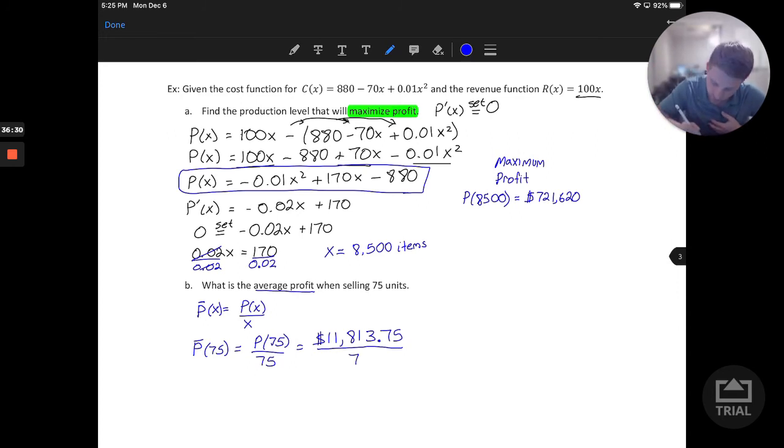So that would be 75 units there. We can take that division with the total profit divided by 75, and we'll get, really this is an approximate solution. Doesn't go perfectly even. This would be $157.52, and that would be, again, average profit per unit or per item for that.